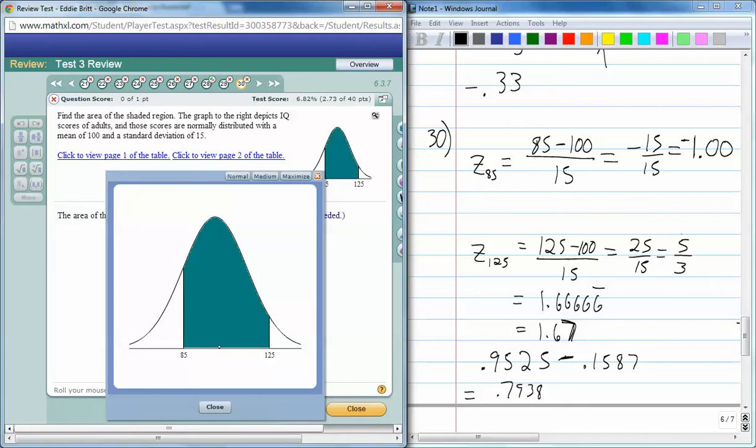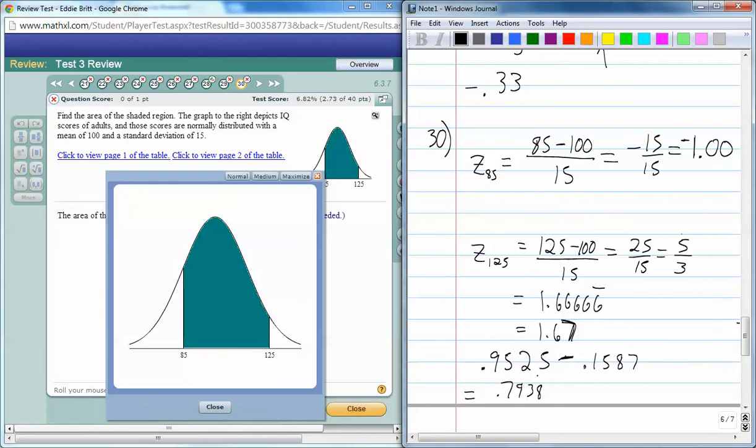We're finding the probability that if we randomly select one person, their IQ score is between 85 and 125. We found it to be 0.7938. So that's 79.38% of the time. So almost 80% of the time, if you randomly select one person, their IQ score would be between 85 and 125.